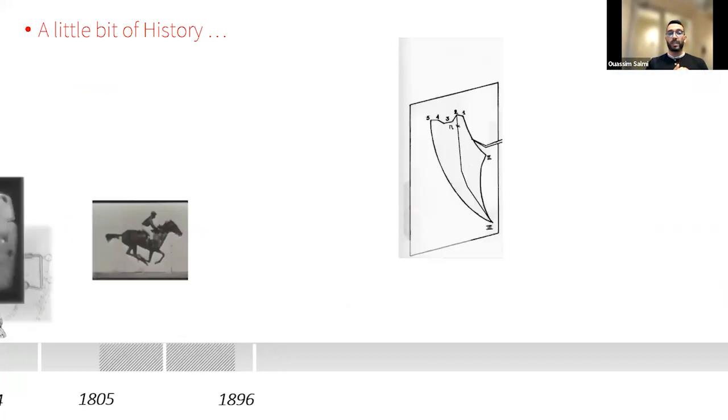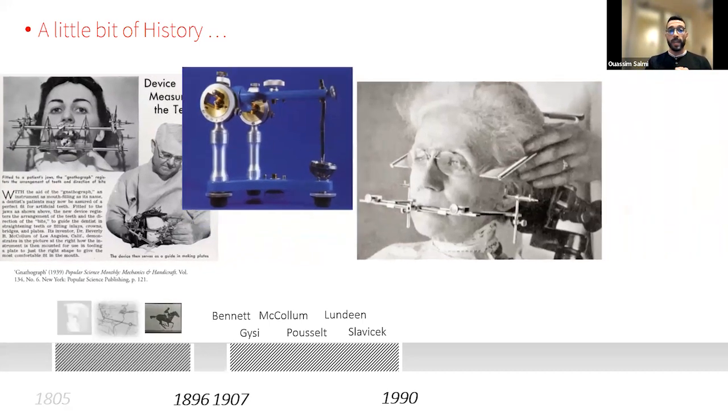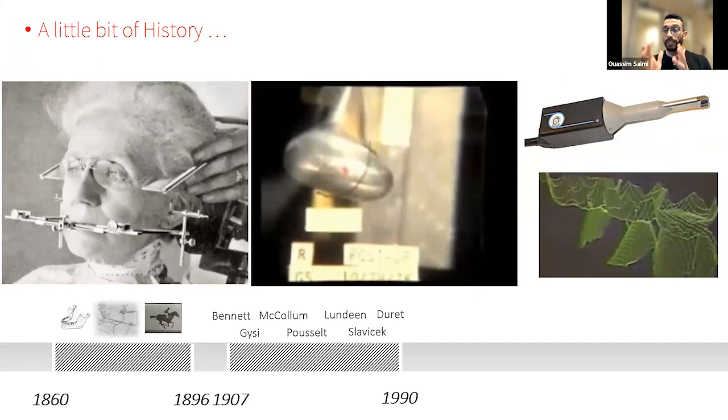So this is just between brackets. Let's move now to the dental and to the next centuries. In the 19th century, we start seeing more and more details, more and more sophisticated devices to be able to record motion, according to the work of Bennett, McCollum, Landin, and Slavicek. We also start seeing the first articulator to simulate the movements. And then we start also seeing the virtual imprint in the 19th century.